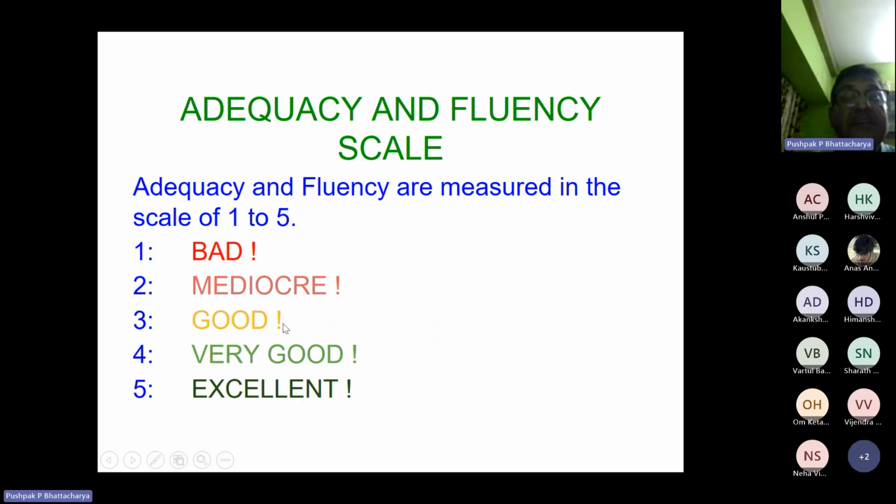So all machine translation systems strive to remain in the range 3 to 5 as per human judgment. And in fact, in the Bhashini project, of which we are a part at IIT Bombay, we are dealing with 10 languages. The requirement from the ministry is to have 60% of the test data in the 3, 4, and 5 range.